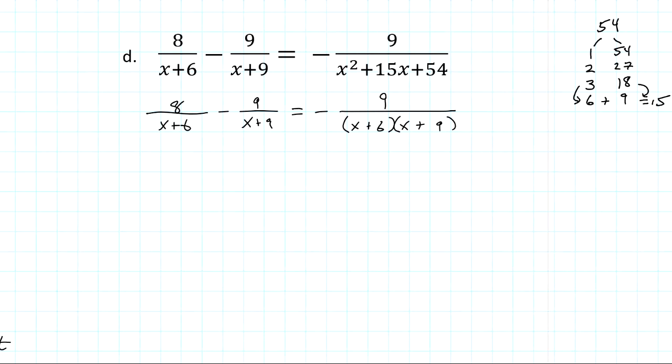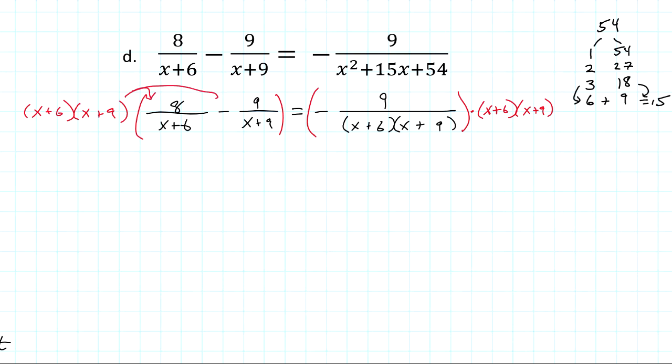Okay, so we'll go ahead now and multiply both sides by that common denominator, x plus 6 times x plus 9. Do that on the left as well, x plus 6 times x plus 9. And then on this left side, we're going to distribute this to both terms before and after that minus sign.